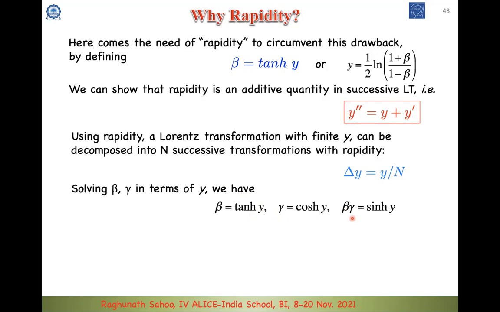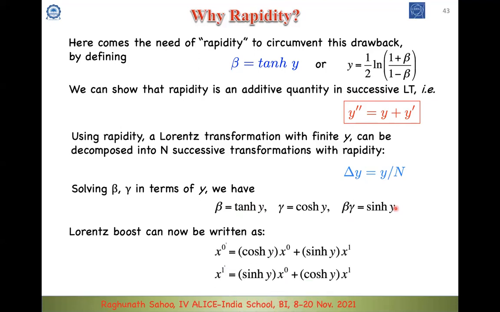Explicitly I have written beta gamma because I'll be using that for your energy, momentum, all these things. So that is why I need explicit relationships. Now the Lorentz boost can be written as follows. This is essentially, I remind you, like your rotations. Your x0 prime can be written as cosh y times x0 plus sinh y times x1. Similarly, your x1 gets transformed using this sine and cos.